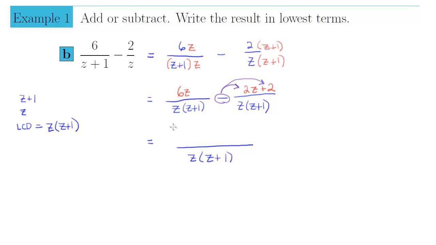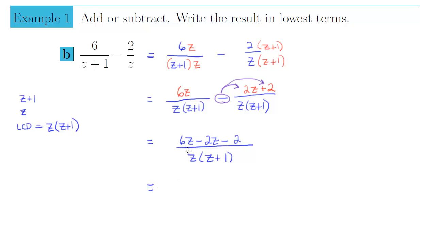But when we combine the numerators, we're going to have 6z, and then minus 2z, and then minus a positive 2, which means minus 2. The numerator is 6z minus 2z minus 2. Be careful with this subtraction and make sure you distribute it through.